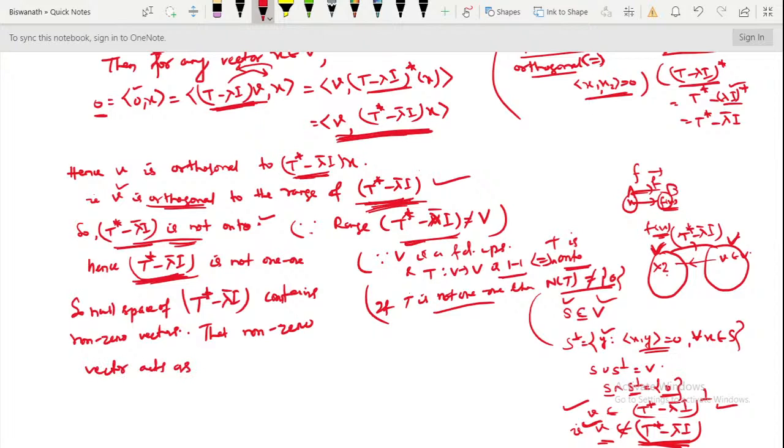And those non-zero vectors act as the eigenvector of T star.